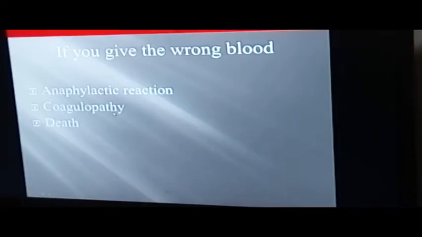Coagulopathy. Obviously you know that that has something to do with coagulation, clotting. Right? There is a problem with clotting. And the final problem is death. You can kill the patient by giving them the wrong blood.